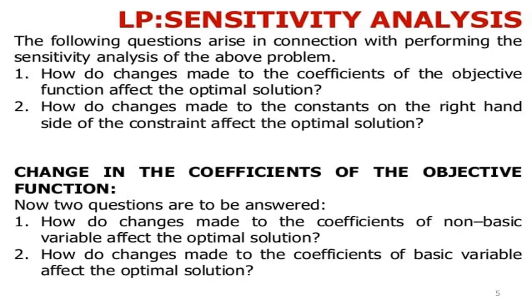Later, we will study the post-optimal analysis in our coming lectures. The sensitivity analysis of the optimum solution looks at the response of the optimal solution to changes in the availability of the resources. It also looks at changes in unit profit or unit cost.